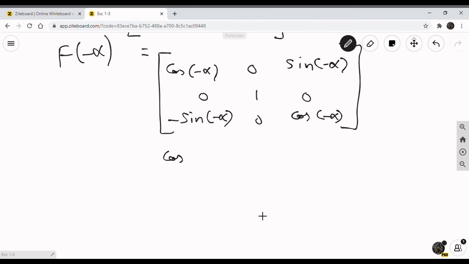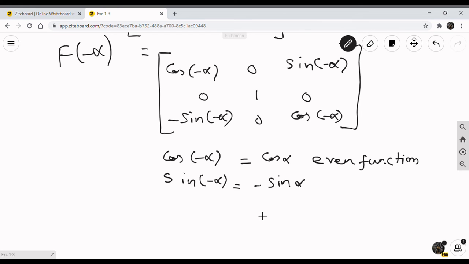Here you should know this. Cos of minus alpha is cos alpha and sin of minus alpha is equal to minus sin alpha. Cos of minus alpha is equal to cos alpha is called an even function. Sin of minus alpha is equal to minus sin alpha, sin alpha is an odd function.